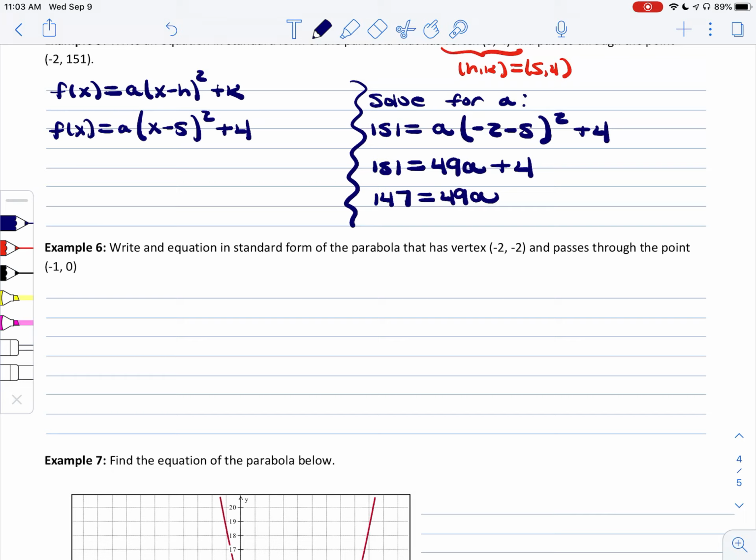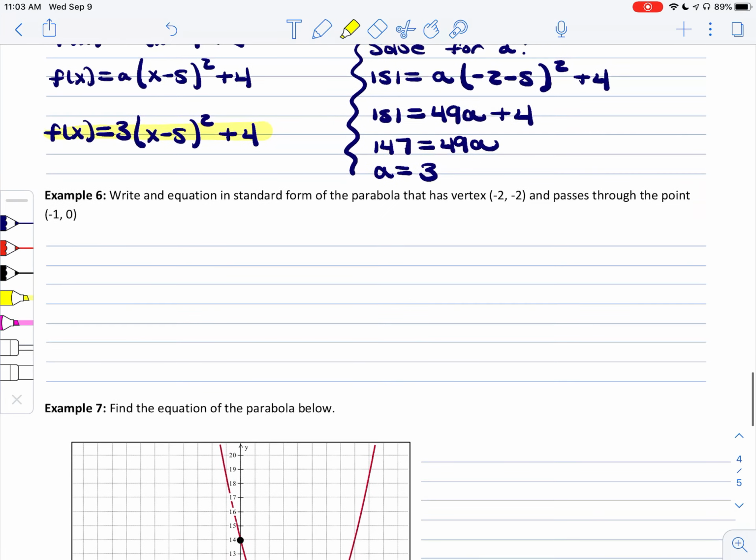Then divide by 49, and we get a is equal to 3. So putting this all back together, we get f of x is equal to 3 times x minus 5 quantity squared plus 4. All right, so that is our final answer.